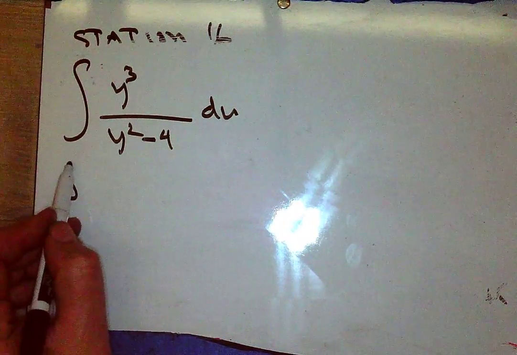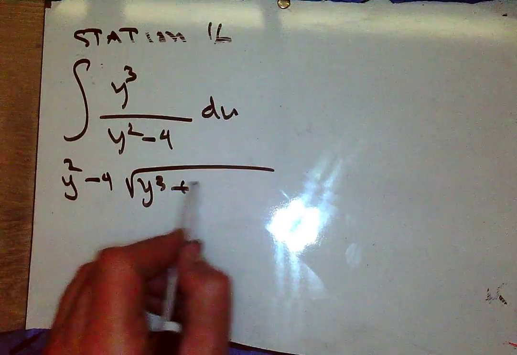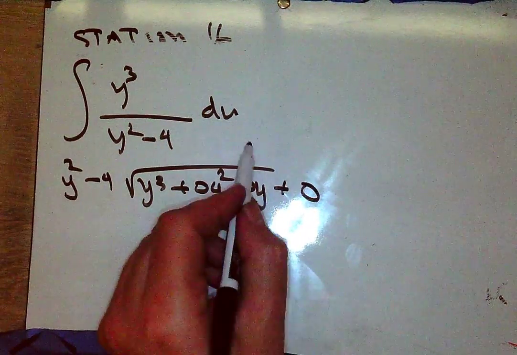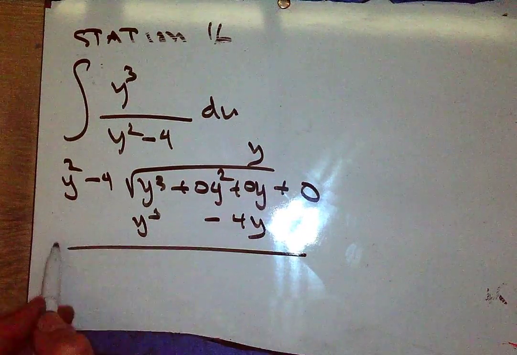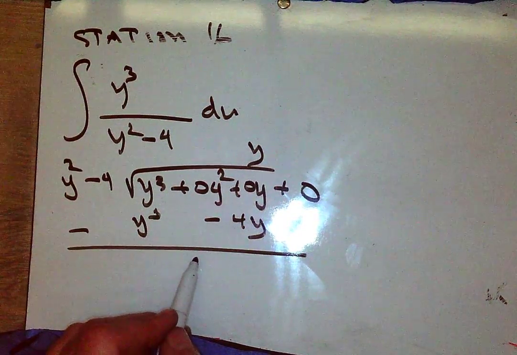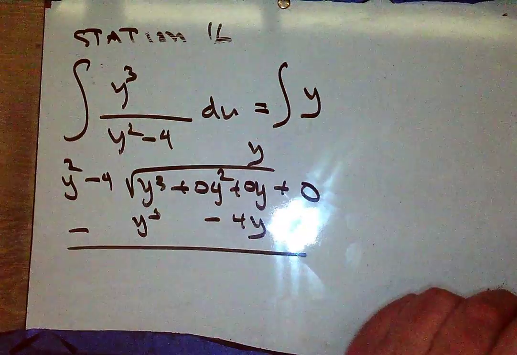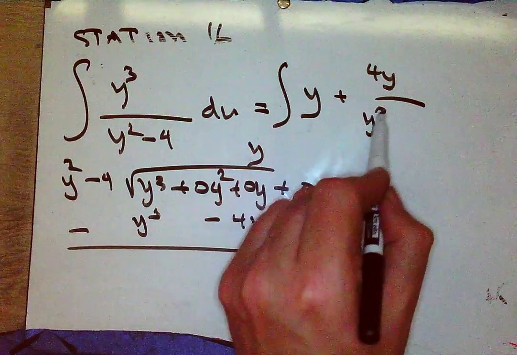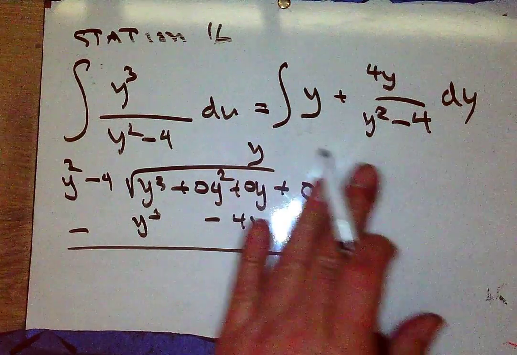Long division. Y and subtract. So this is equal to the integral of y plus 4y over y squared minus 4 dy.